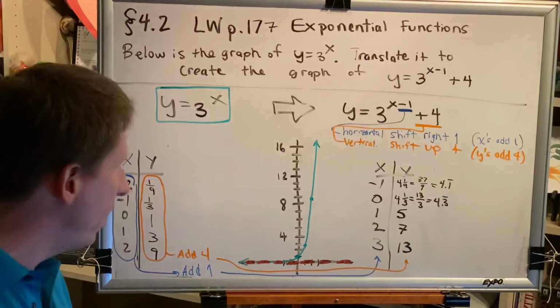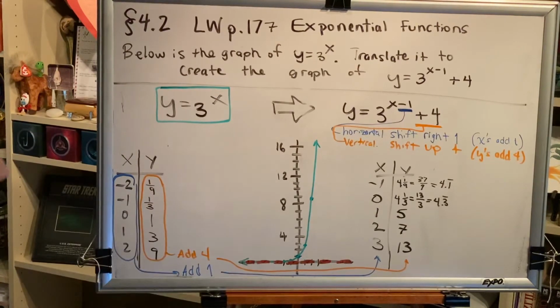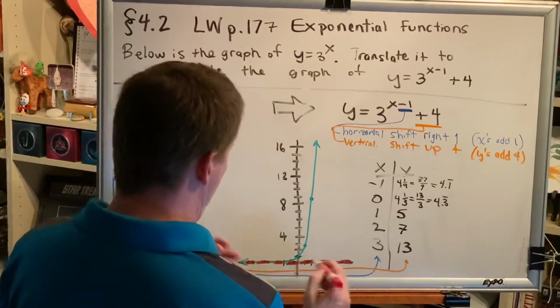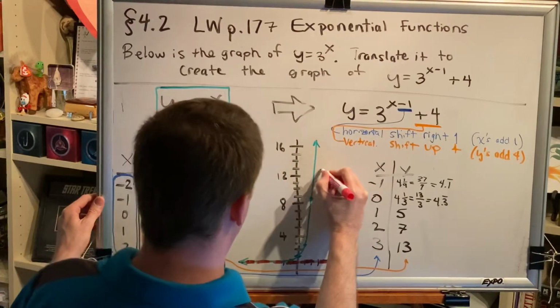Okay, so now we can plot these new points on our graph. Let's go ahead and do that here. All right, let's do the easy ones first. 3, 13. So starting at the origin, 1, 2, 3 to the right, and then up 13 would put us here.